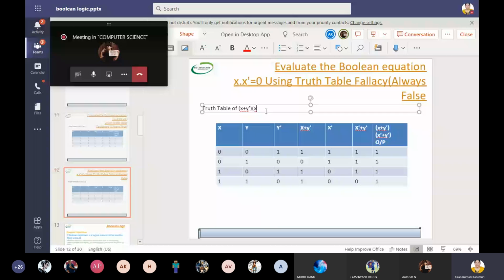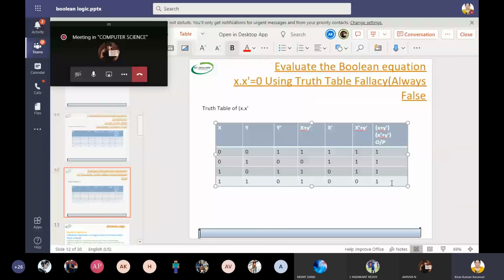By applying De Morgan's theorem, you can get the complement of an expression, and that also will always be a fallacy. Got it, children? We are having only one variable in this expression, right?